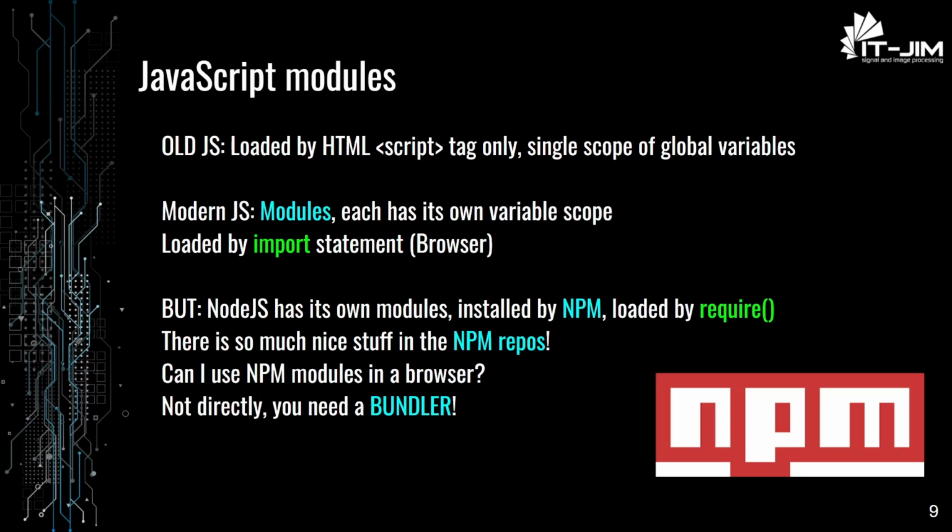They were loaded by the require function, and there are tons of nice stuff in npm, the package manager of Node.js. Unfortunately, it works only in Node.js, not in the browser. Can I use an npm module in a browser? Not directly. You need something called a bundler. Next slide, please.